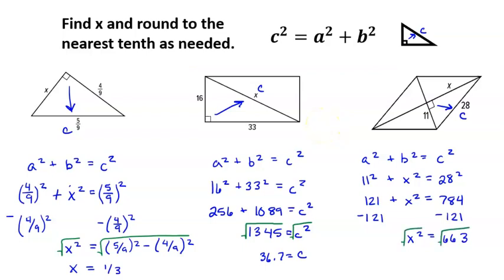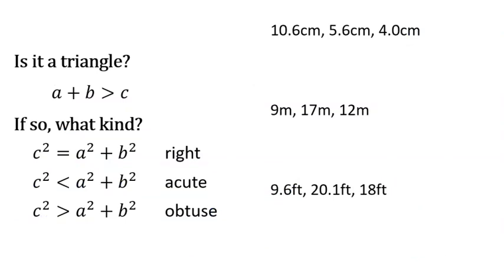So sometimes they'll ask you for the square root or the simplified radical, or they'll ask you to round, like in our directions up here at the top. So we've got x equals 225.7 for this one.